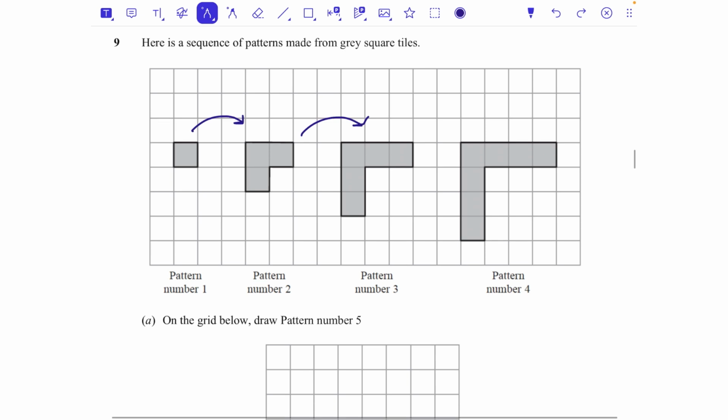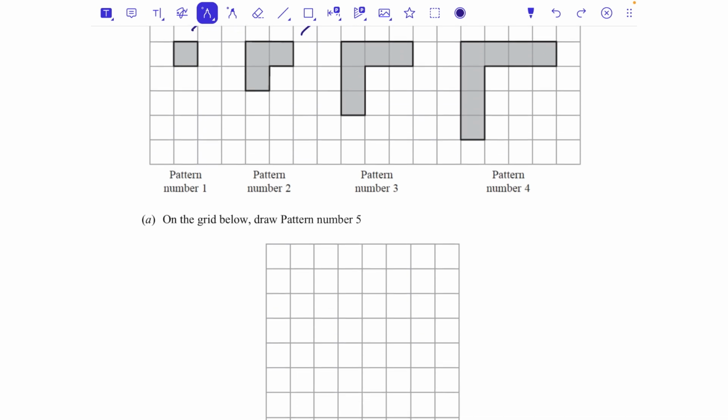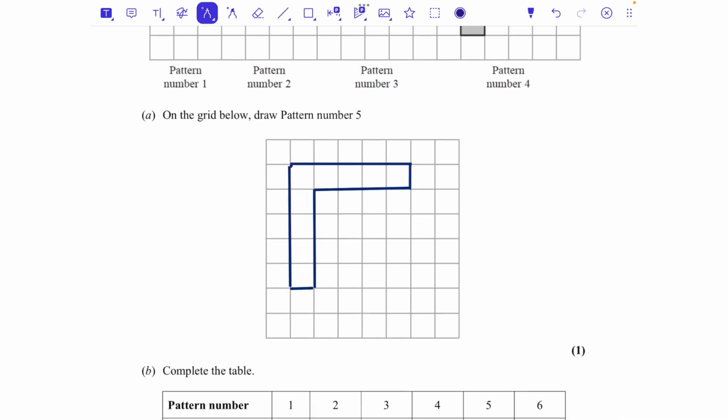So we just want to keep going like that. And so we're going to end up with an extra square here and an extra square here to get to pattern number 5. So that's going to be, let's use my ruler here, 5 going across, 5 going down, and then like this. Wonderful. You can draw it anywhere on the grid as long as it's in that orientation, and if it was a bit right and a bit down, that's fine.